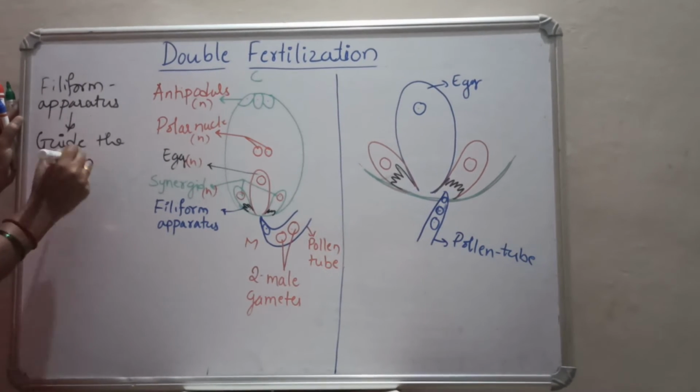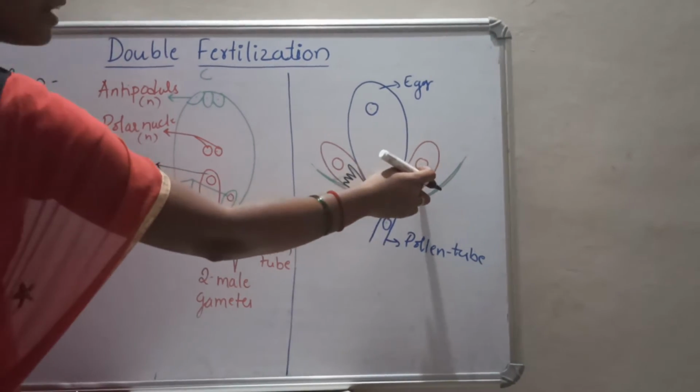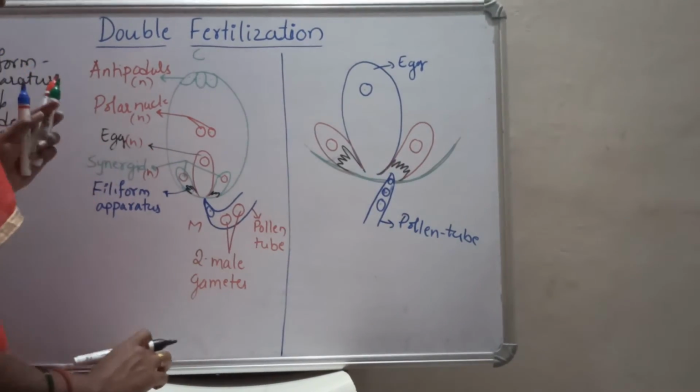That's why the pollen tube enters into one of the synergid cells.